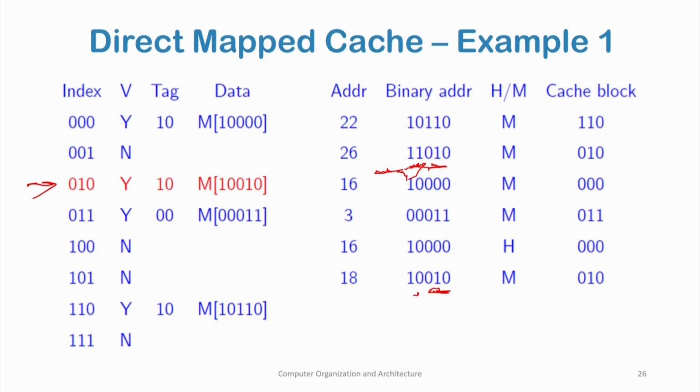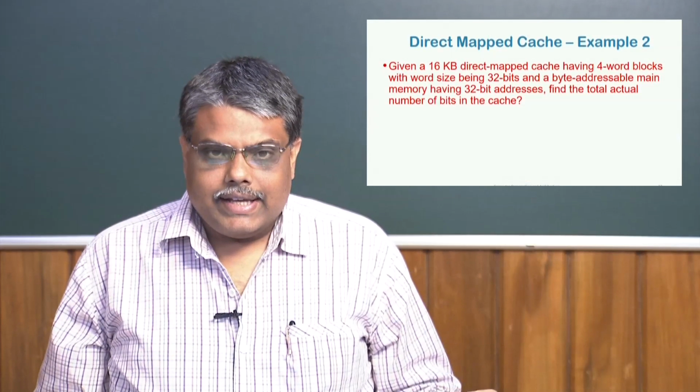There was a mismatch in the tag, and therefore there was a miss. We replaced the cache block 26 with 18 and put it into the cache with the new tag and word. We come to a second example.